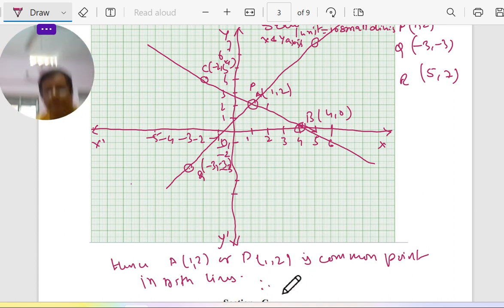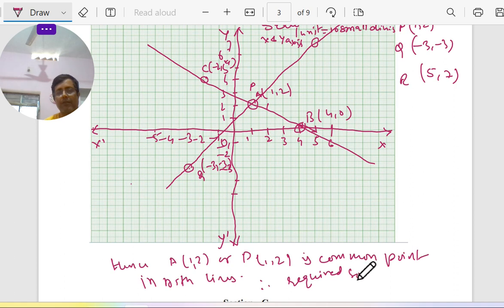Therefore, the required solution set is x equal to 1 and y equal to 2.